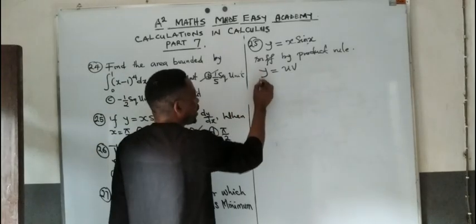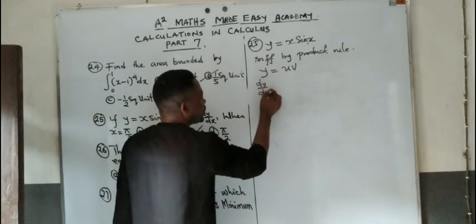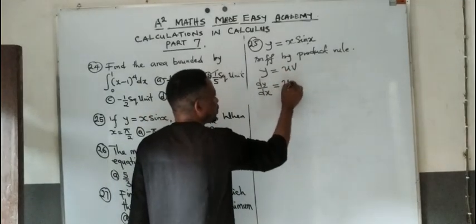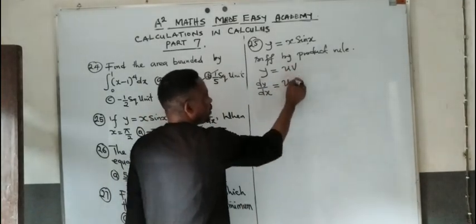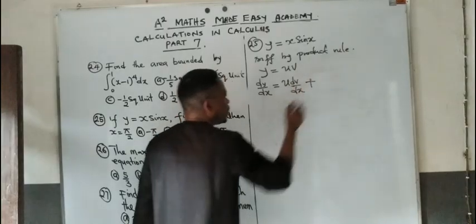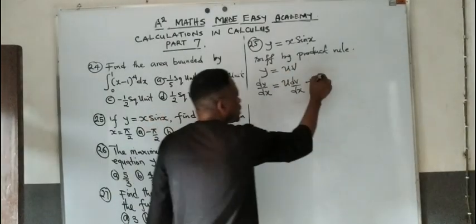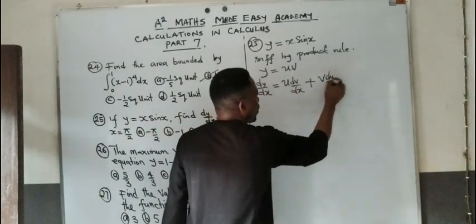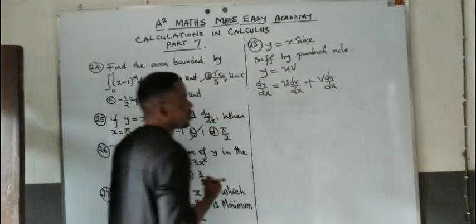Then differentiate y. It will give you dy over dx, then equal to. Now, the first thing is to consider u constant and differentiate v. It will give you dv over dx. Product goes with addition. Then next is to put v constant and differentiate u. You have du over dx. Can we now go ahead?